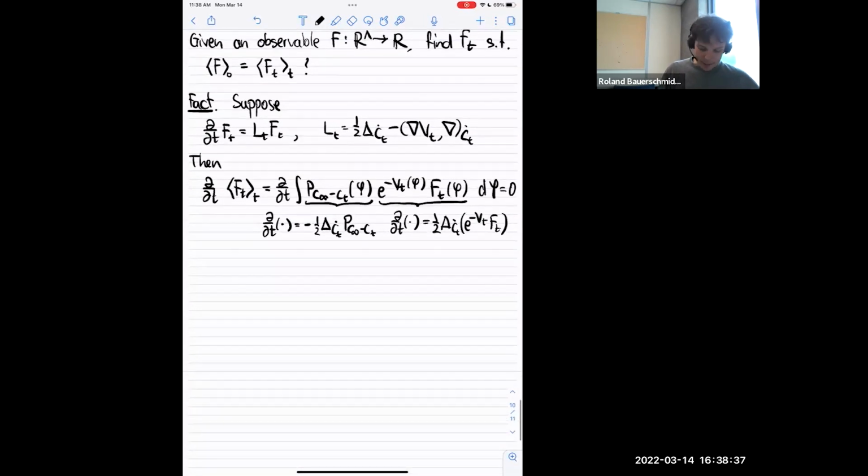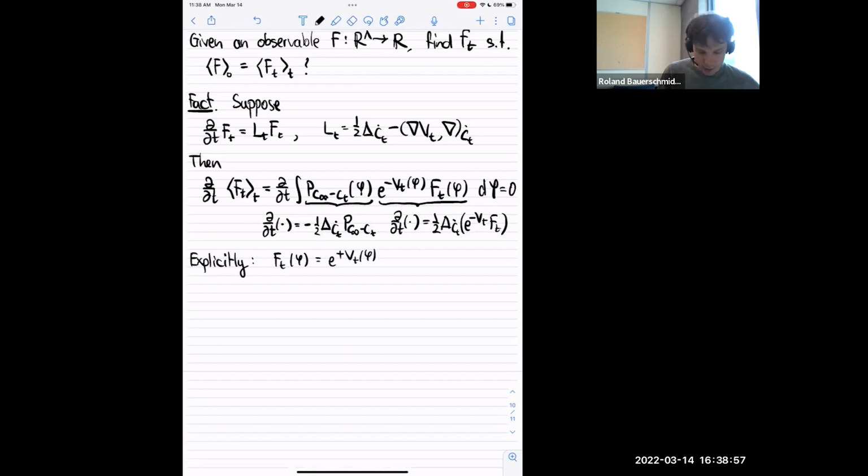And you can also write an explicit formula for ft, which is that ft of phi is equal to e to the plus vt of phi.